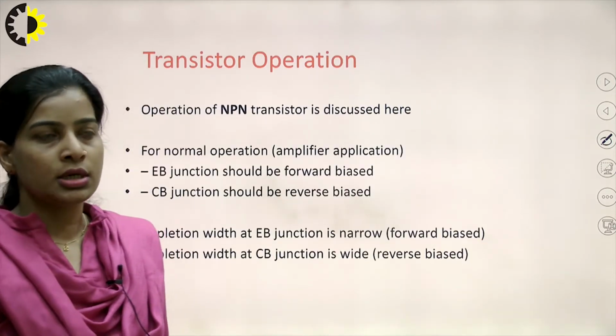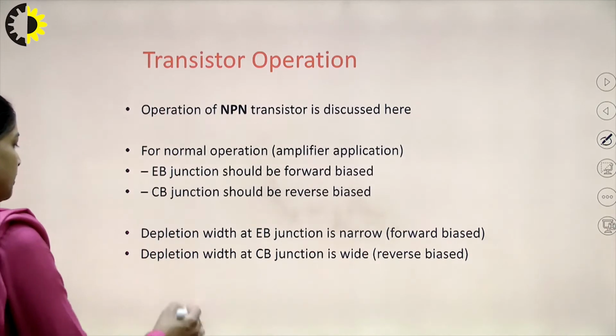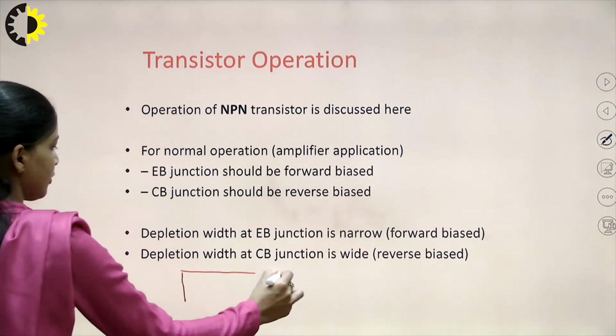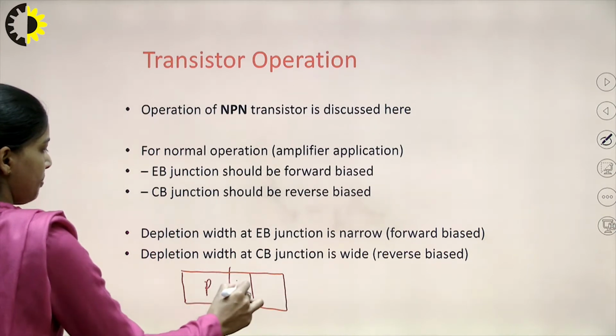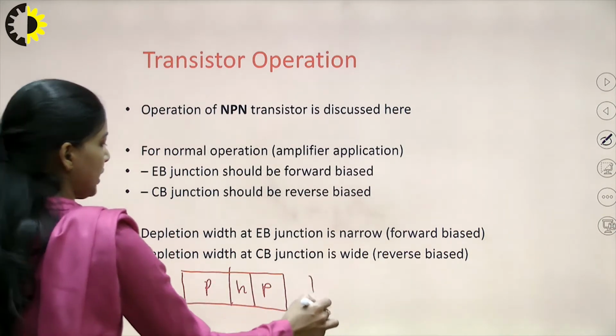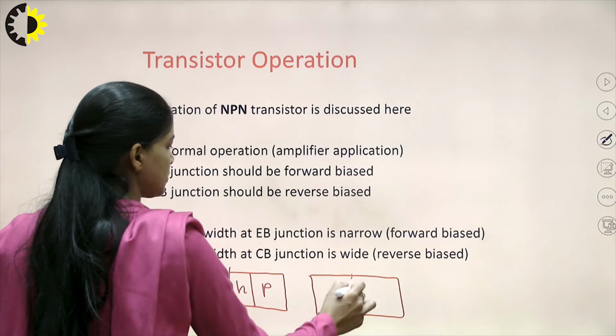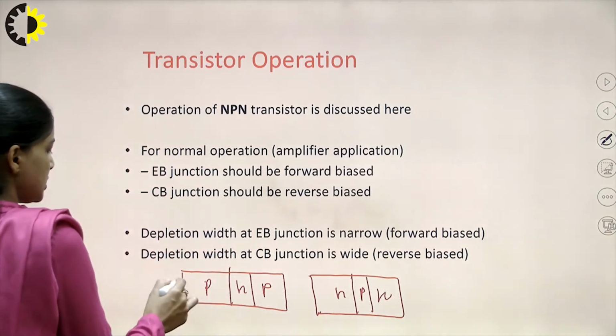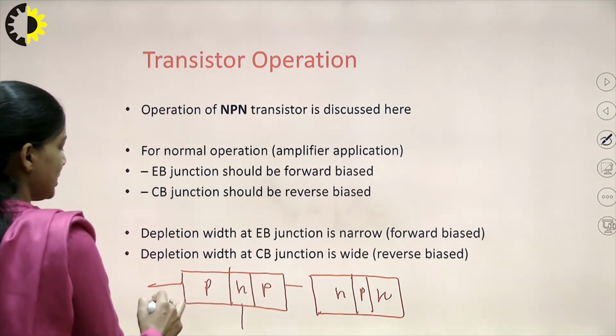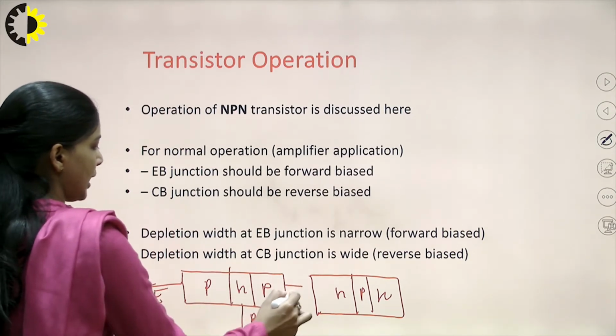For the operation, as it is a 3-terminal device, we can take a PNP transistor, or an NPN transistor as well. For a PNP and NPN transistor we have 3 terminals: emitter, base and collector.